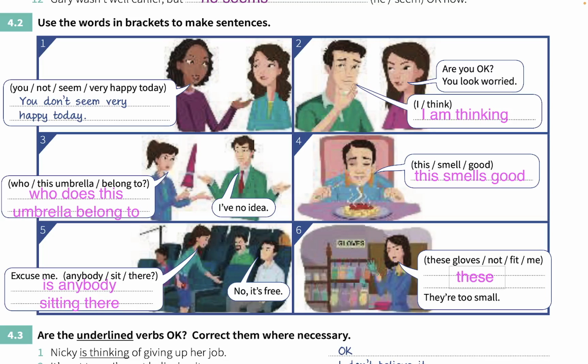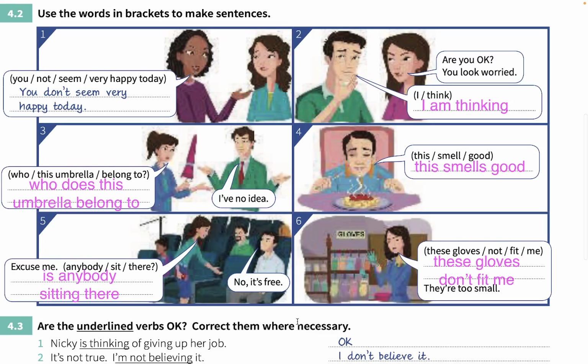Yes, don't fit me. Is this clear for everybody? Clear. Okay. Aiden, Stephen, and this guy, is it clear? Yes, it's clear.